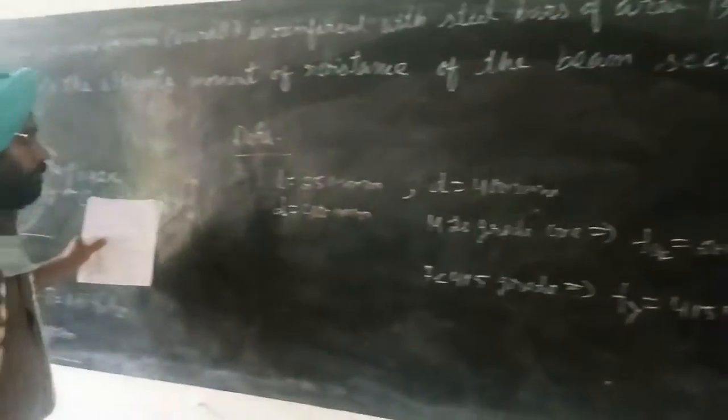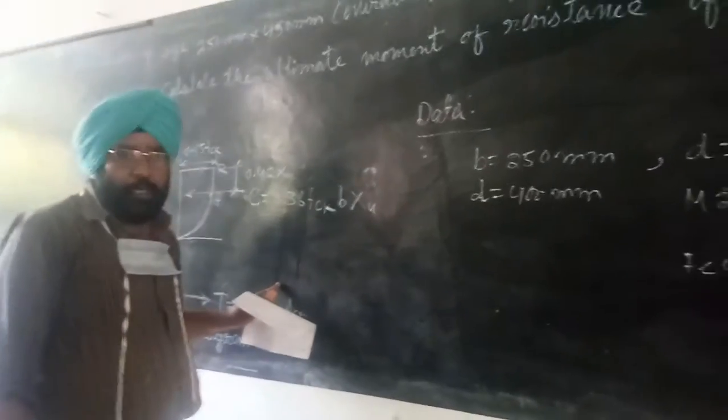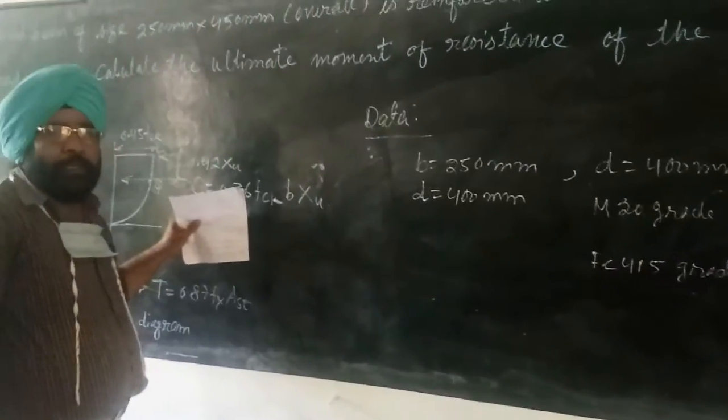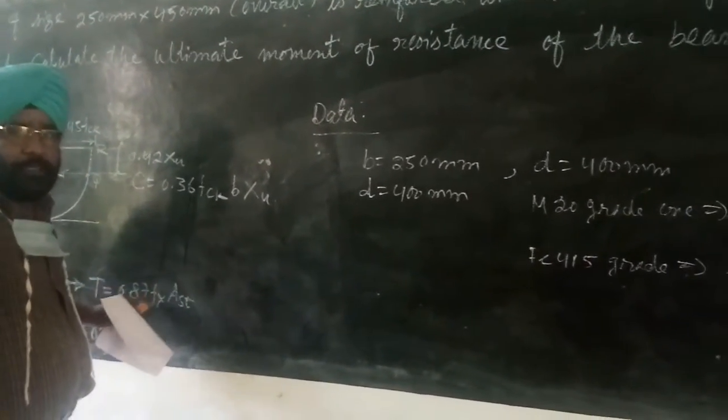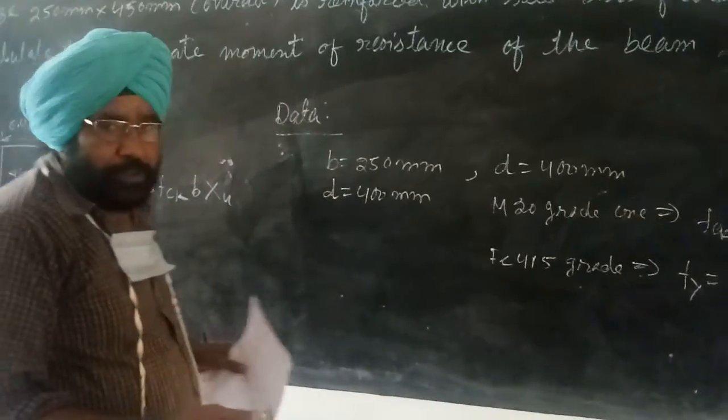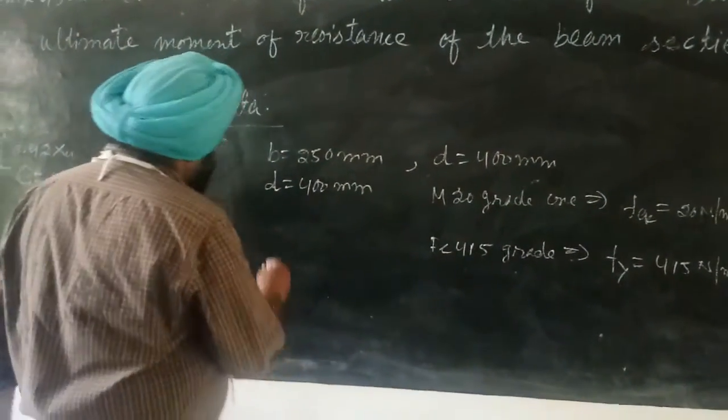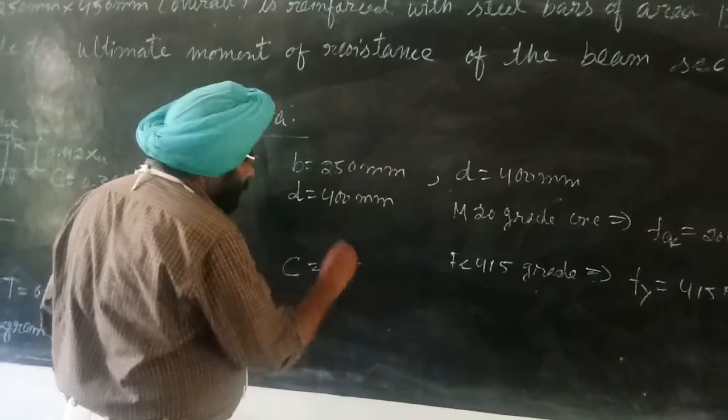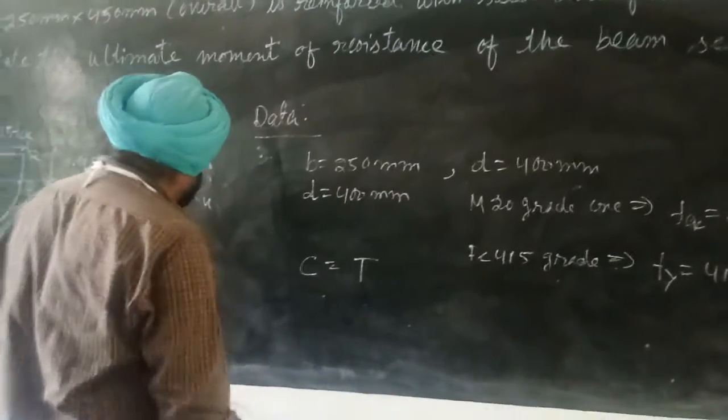First of all, we will determine the depth of the neutral axis by equating the resultant compressive force and the resultant tensile force. Because the section is in equilibrium, C equals T, meaning the resultant compressive force is equal to the resultant tensile force.